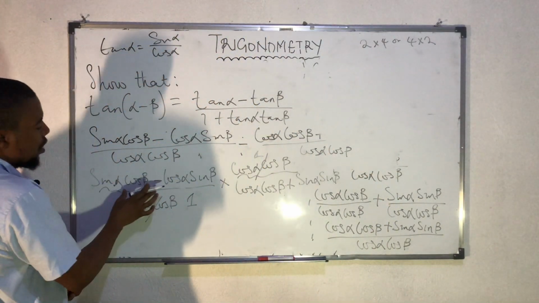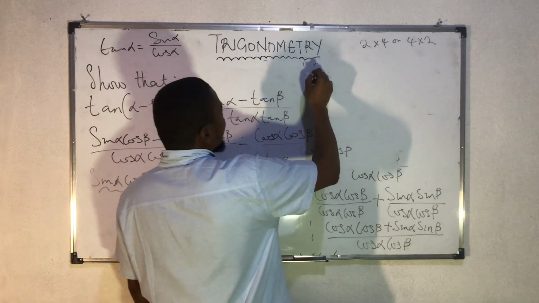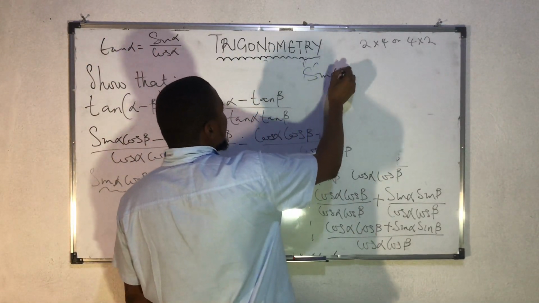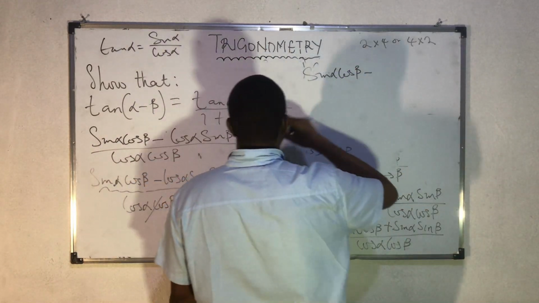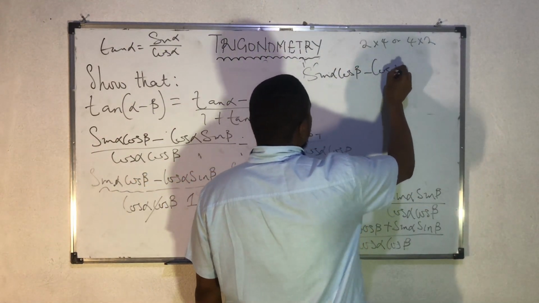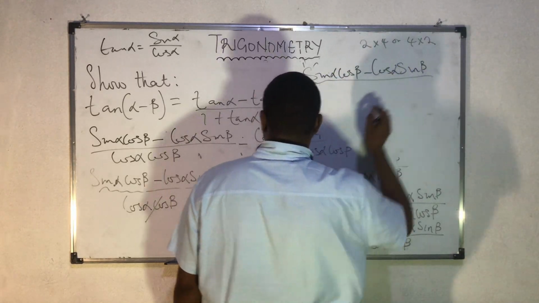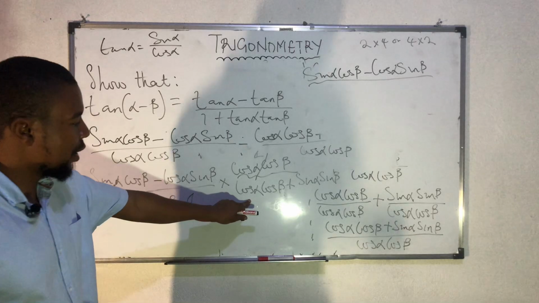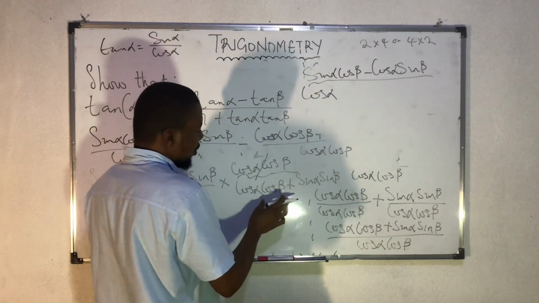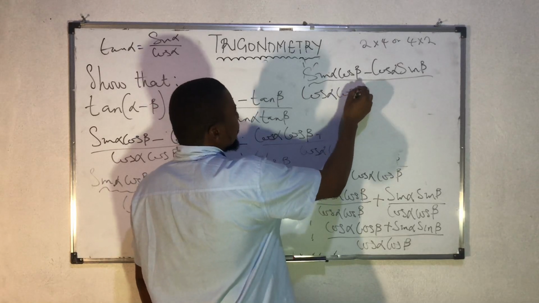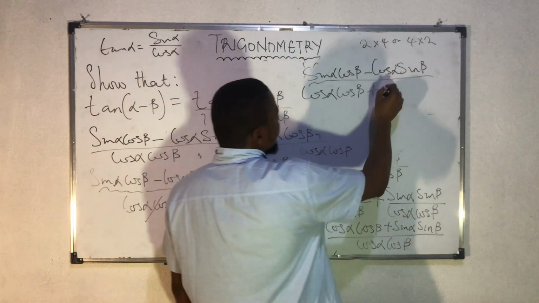We have sine alpha cos beta minus cos alpha sine beta, all over the denominator here, which is cos alpha cos beta plus sine alpha sine beta.